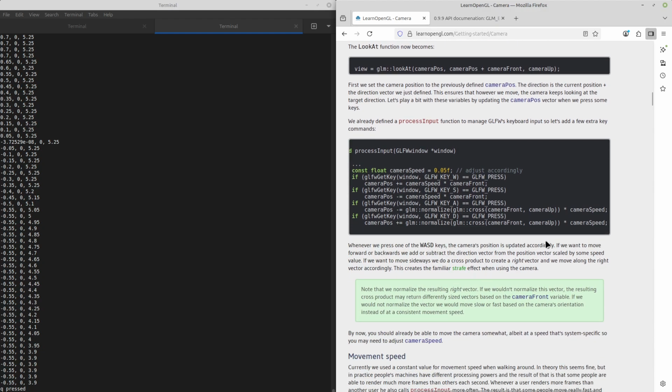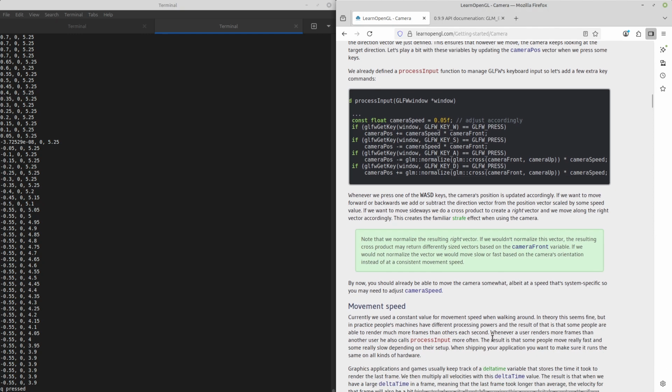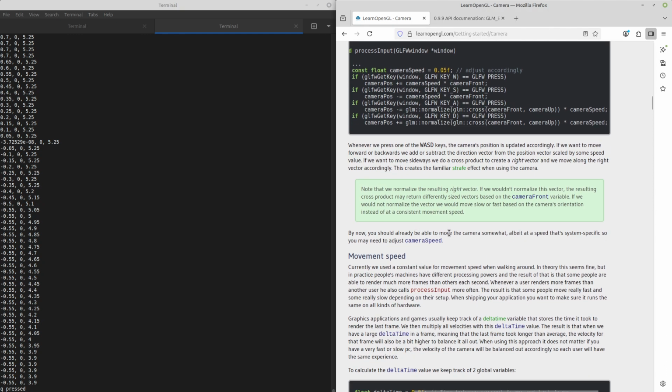Update accordingly. If you want to move forward or backwards, you subtract. Yeah, that makes sense. Because we're going to use a delta time, yep.